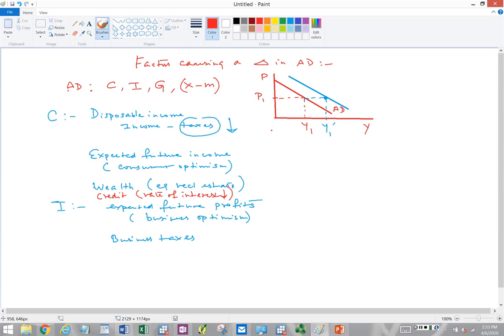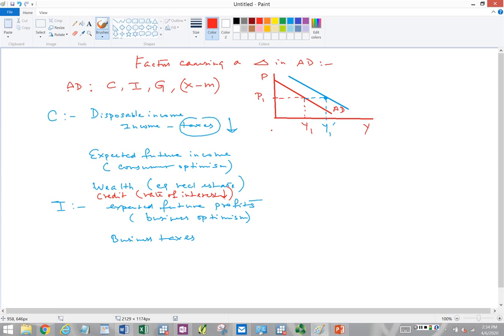How is that? Because a lot of household consumption spending, particularly on the big ticket items like cars, are financed by credit. The cheaper the credit, the lower the interest rate, in other words, the more likely it is for households to borrow money with which to go shopping.